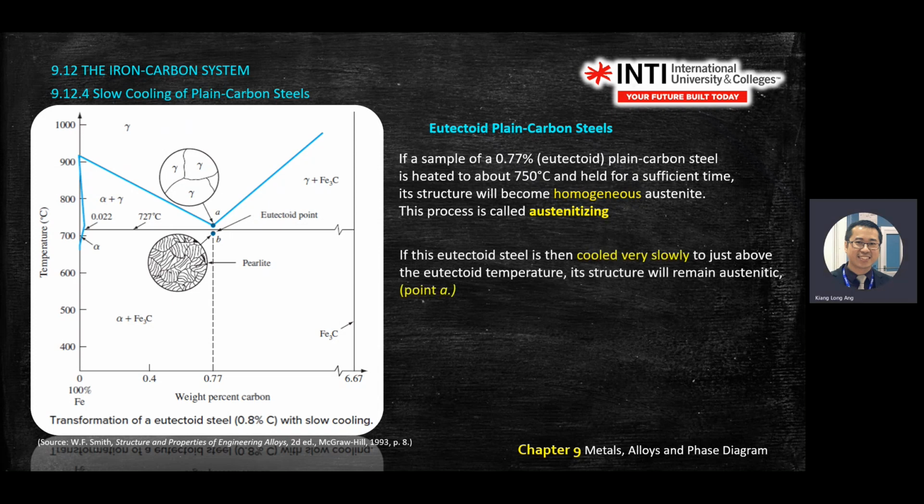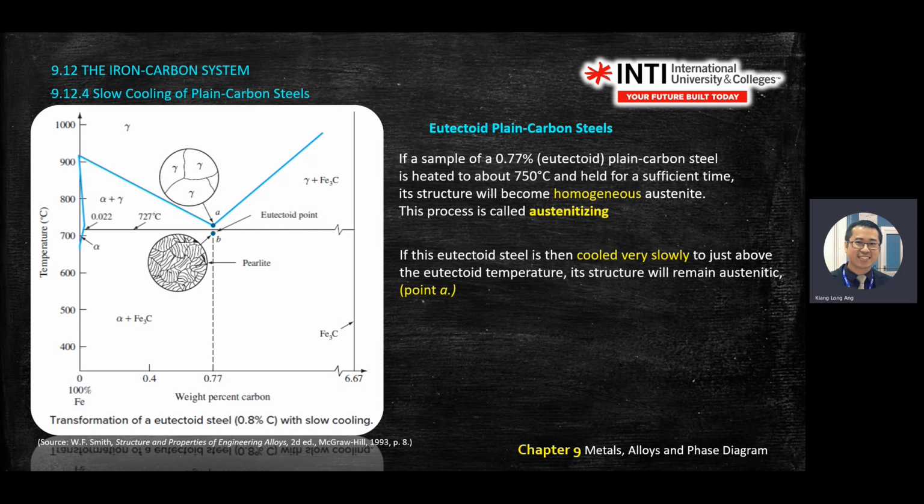If the sample is cooled down very slowly, just above the eutectoid temperature, the structure will remain austenite at this point. So it comes in from 1000 degrees C, slowly down, and you maintain it at 750 degrees C, about here.